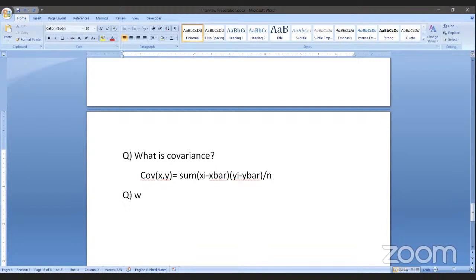Next, what is correlation? So Power already has given us the answer to that also.